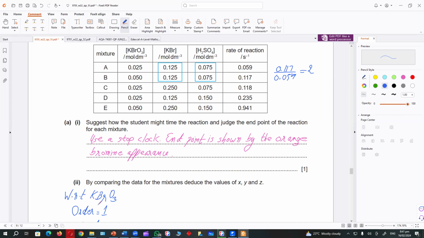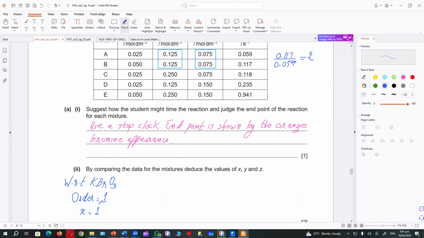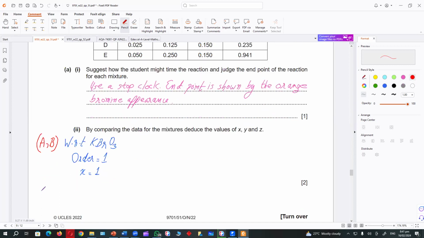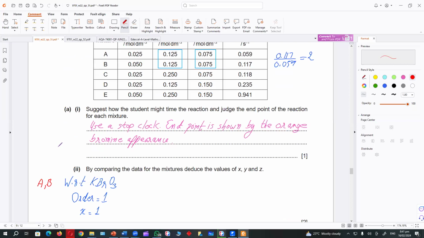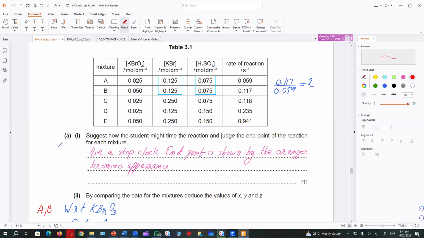Now, how do we locate any other 0.125, 0.125? We can take A and C, where KBrO3 is constant. What do you suggest for KBr?